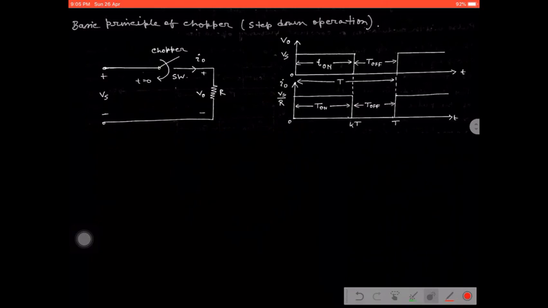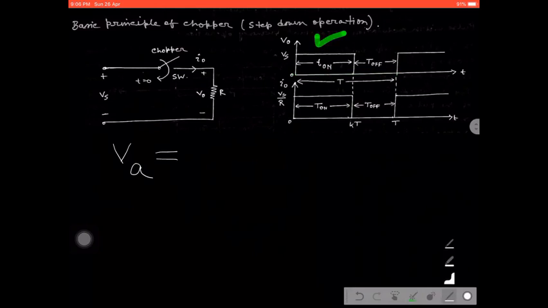In this case, we can say the average output voltage at the output terminal, suppose V average, should be equal to the number of peaks in the positive direction in a complete cycle. In the complete cycle T, how many peaks are there in the output voltage? That is 1.